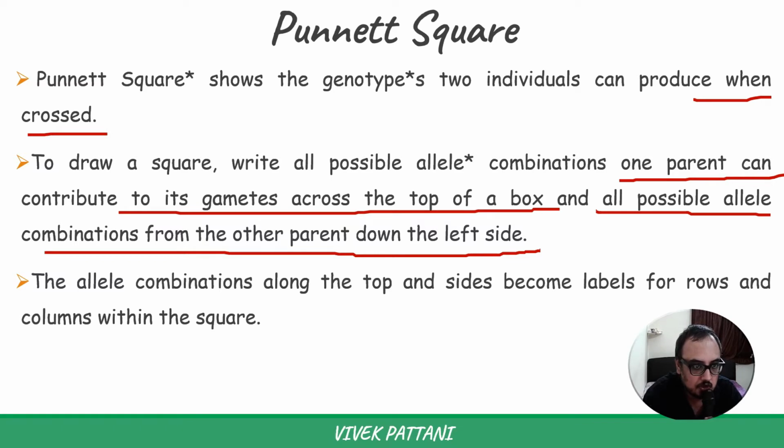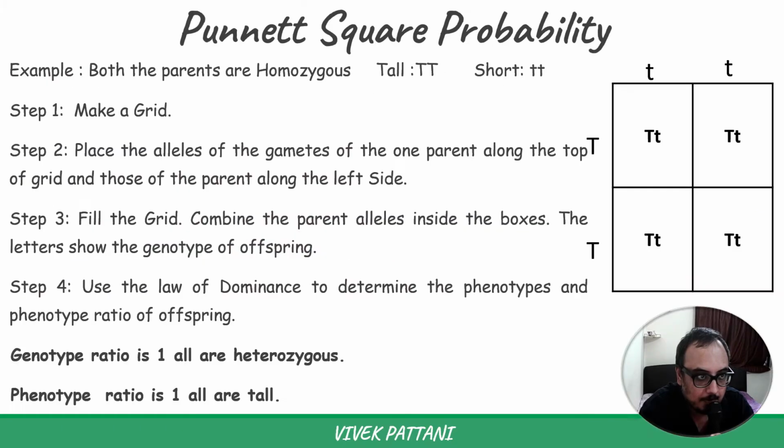The allele combinations become the labels for rows and columns within the square. Fill in the complete genotypes in the square with the alleles from each parent, since all allele combinations are equally likely to occur. A Punnett square predicts the probability of a cross producing each genotype.